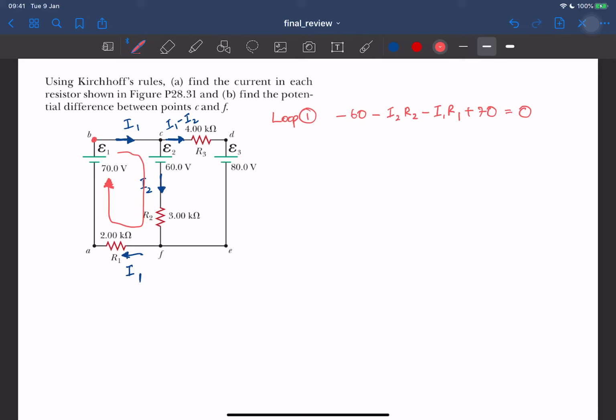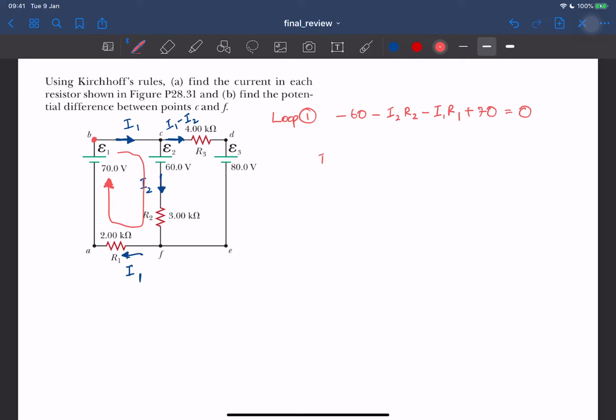So that's the first equation. You can put the resistance in the equation now. So let me simplify a little bit. Minus 60 and 70 give you 10, obviously.